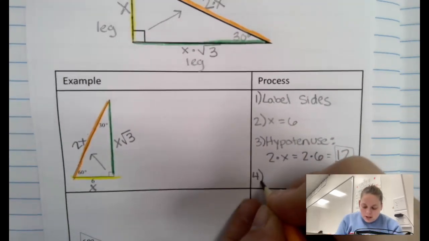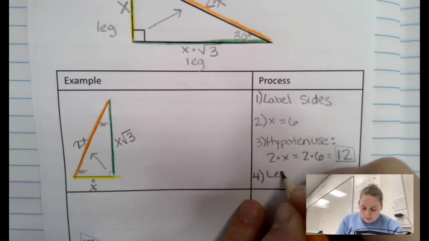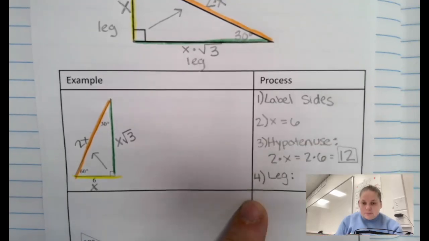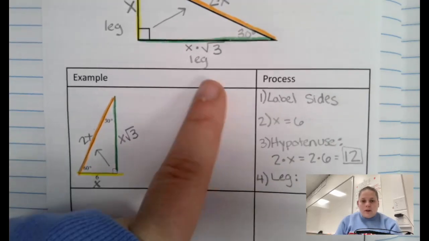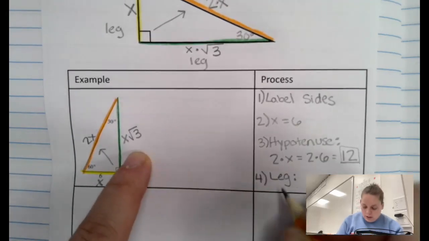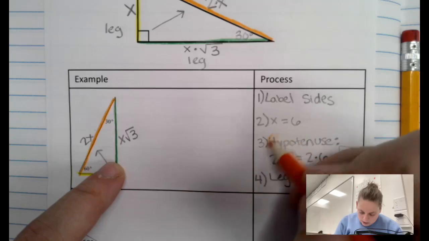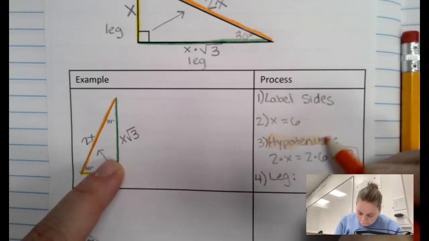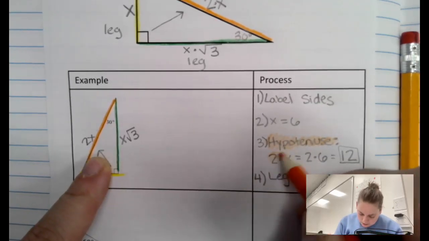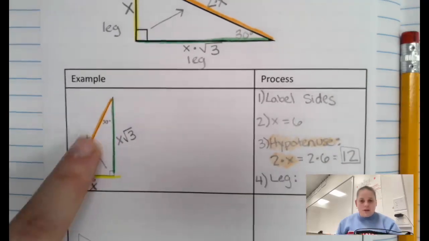And then our last step is for the leg. We have x times the square root of 3. Oh, sorry, this is the hypotenuse. Hypotenuse is 2 times x, is what we said there.